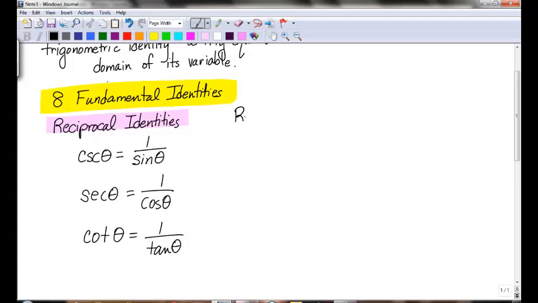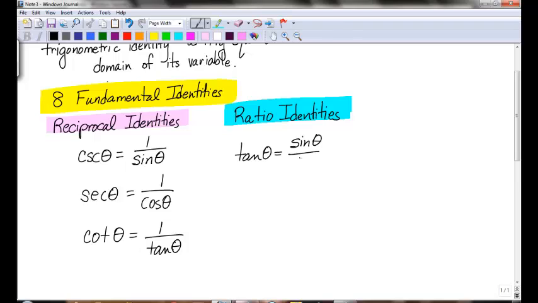Then there are 2 ratio identities, and these will probably be new. First one is tangent. Tangent of theta is a ratio of sine over cosine. Sine of theta over cosine of theta.